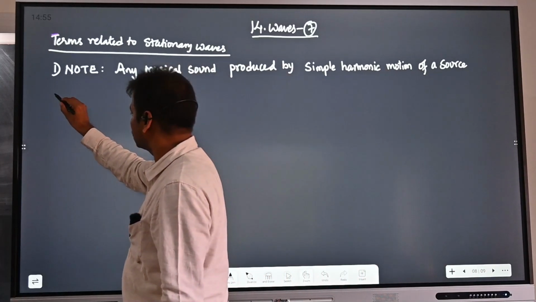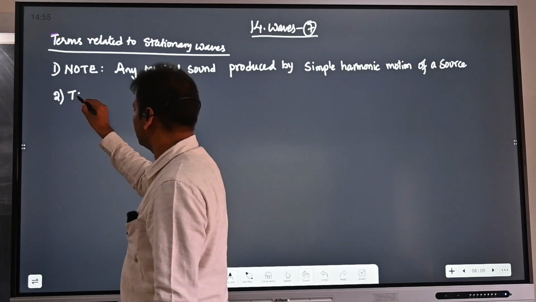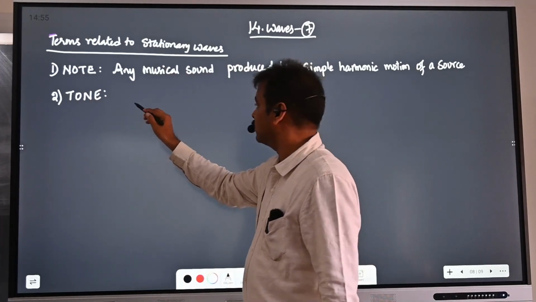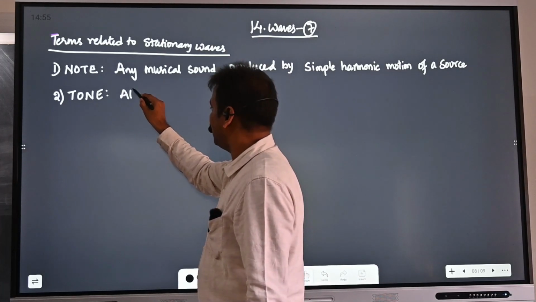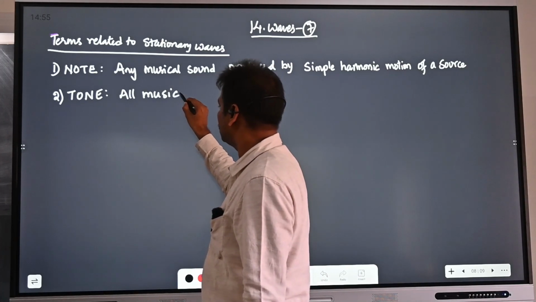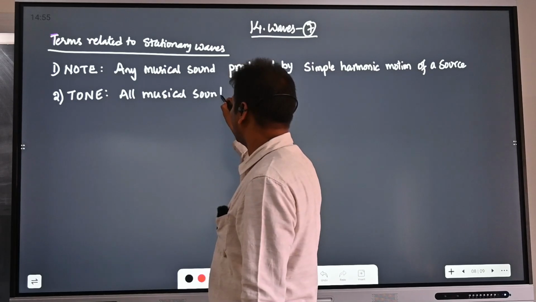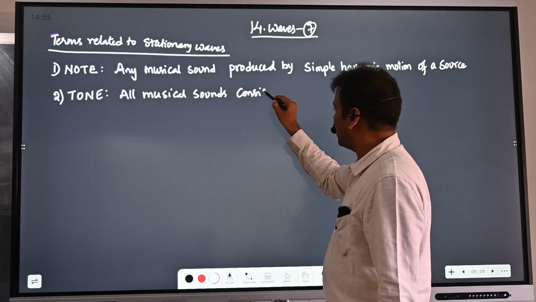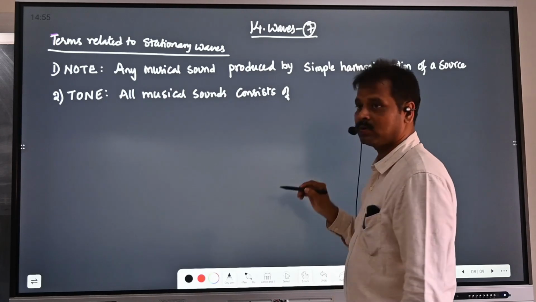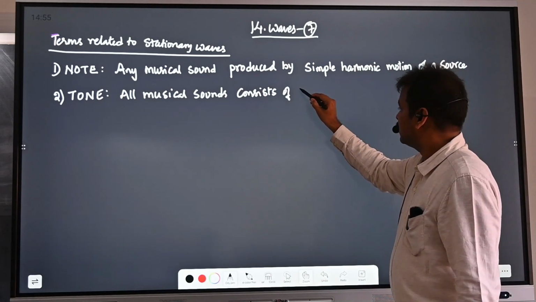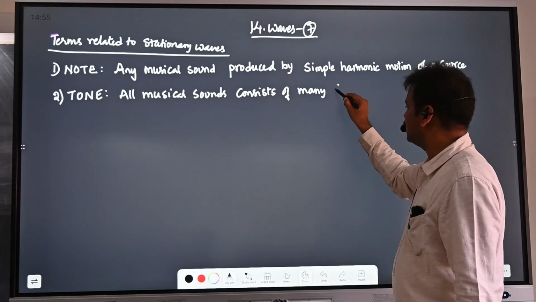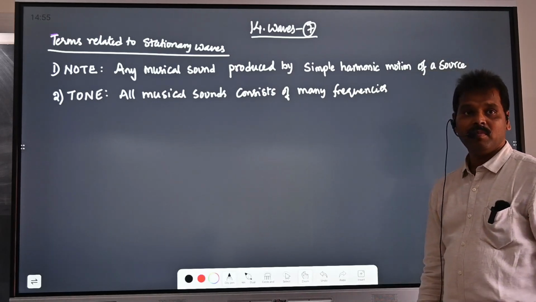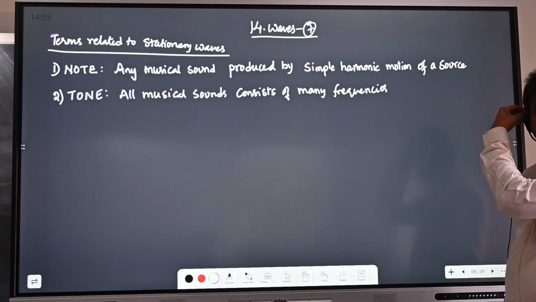Second one, tone. Same spelling, same letters. Note, this is a tone. All musical sounds consisting of many frequencies is called a tone.